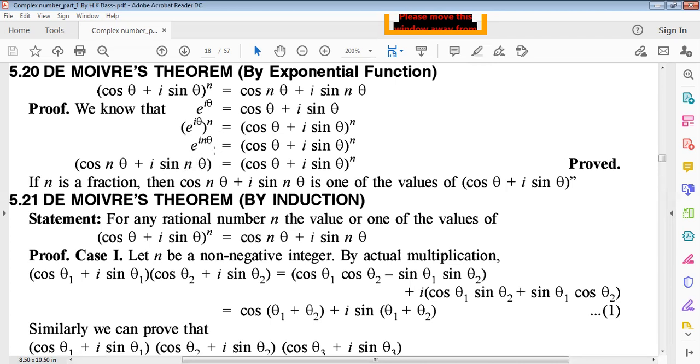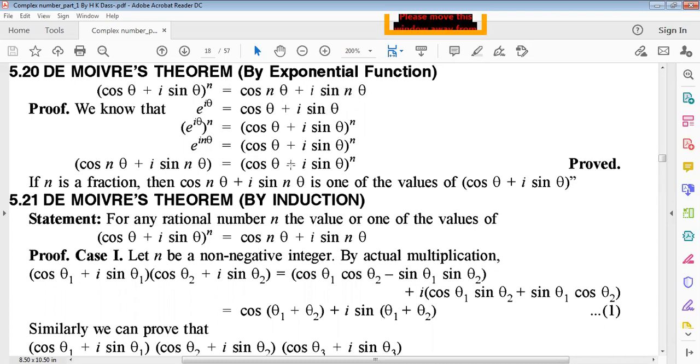Using this formula, we can write cos n theta plus i sin n theta equals (cos theta plus i sin theta) to the power n.